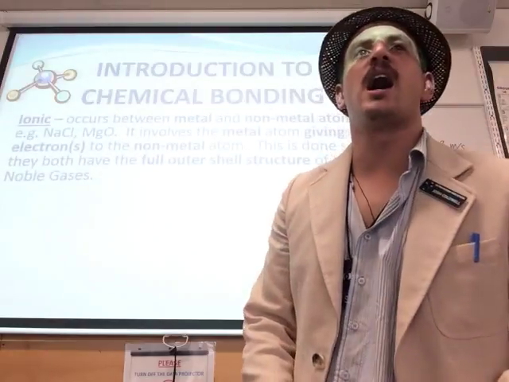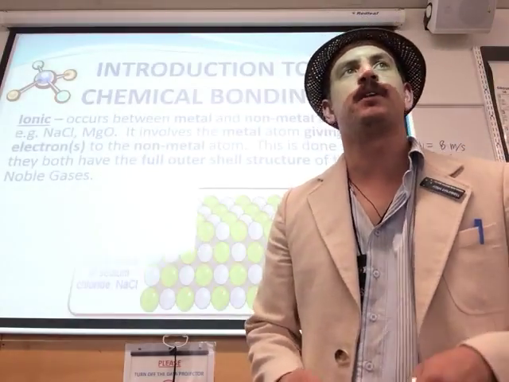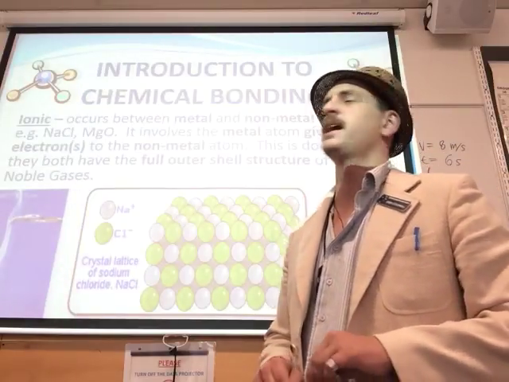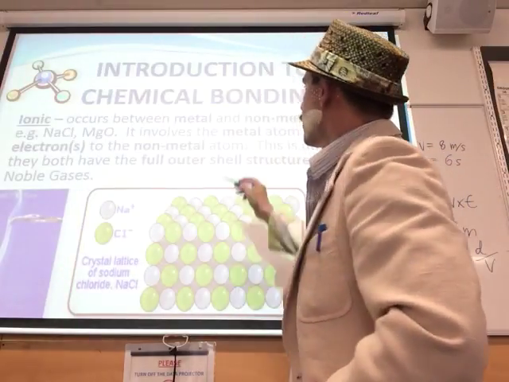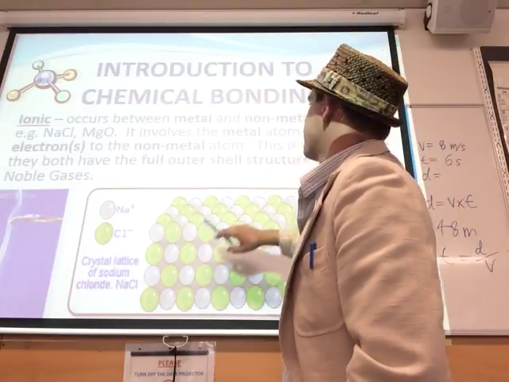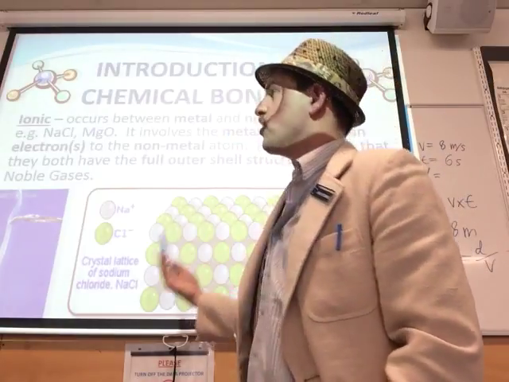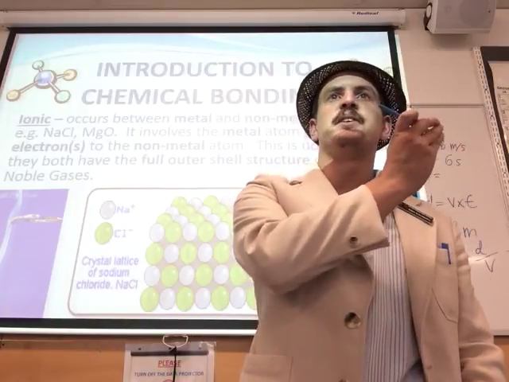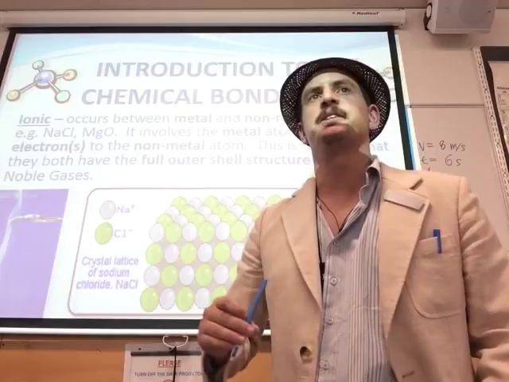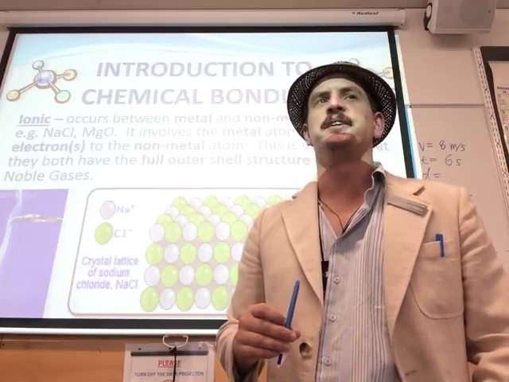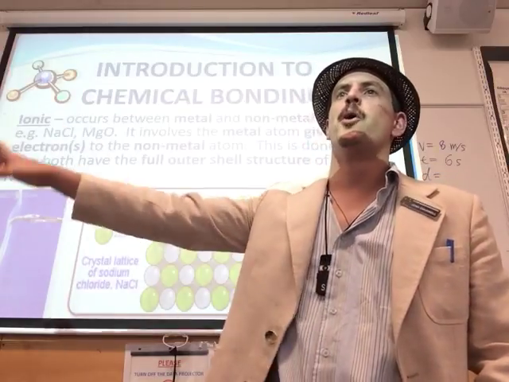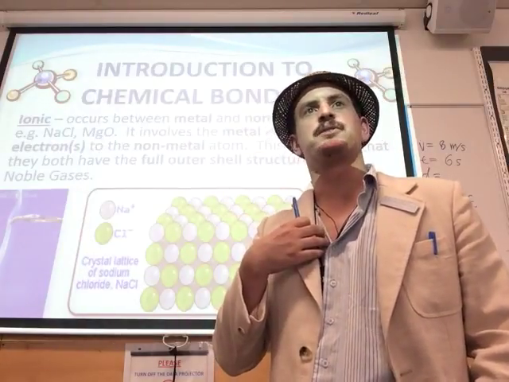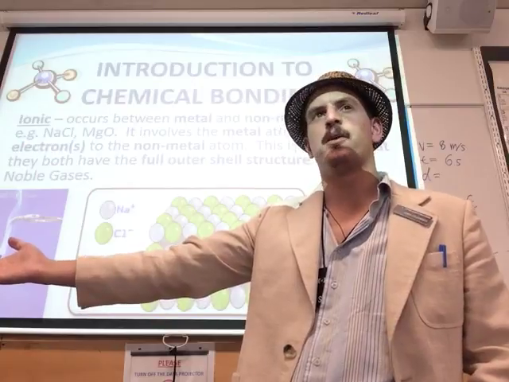We will also look at ionic. We've covered a bit of ions, but we'll look at that more in depth and more three-dimensionally. This occurs between metal and non-metal atoms, for example sodium chloride and magnesium oxide. Anytime you've got a metal and a non-metal coming together, the non-metal, being high in electronegativity, there's that word again, will pull the electron away, making itself negatively charged and leaving the metal positively charged.